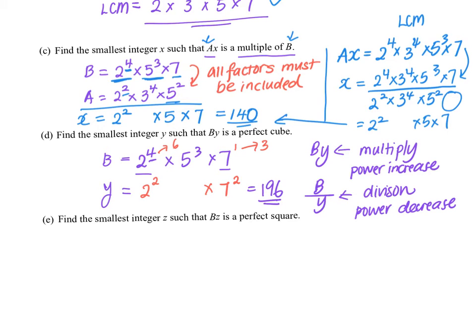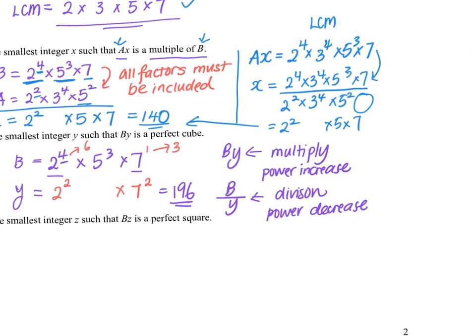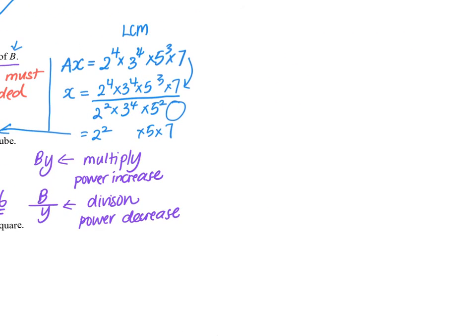Okay, sidetrack a little bit. I want you to write down one more question. You're finished? Yeah. Okay, write down one other question. If B is given to be 2 to the power 4, 5 to the power 3, 7, find Z such that B over Z is a perfect cube.